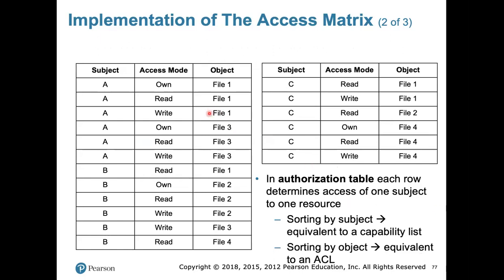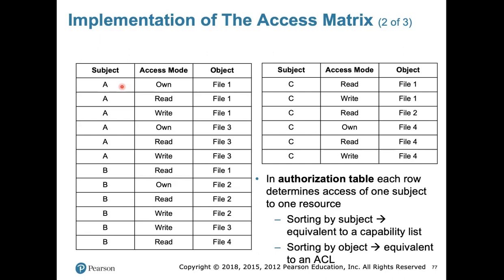We can save the matrix like a table like this. If we wanted to store it in a matrix format, we would have to store n times m different entries.